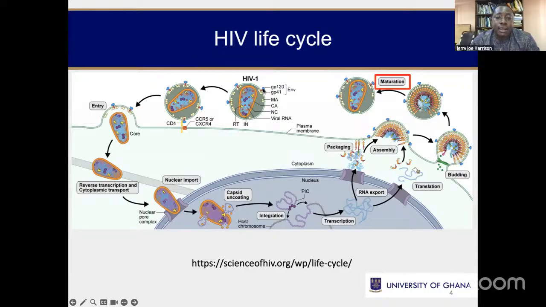HIV infection starts with the virus, a mature virus we call it, on the surface of which is an envelope glycoprotein, a heterodimer of GP120 and GP41, the transmembrane domain and the outer domain. When the GP120 engages immune cells that have CD4 on their surface, the GP120 binds the CD4 receptors.